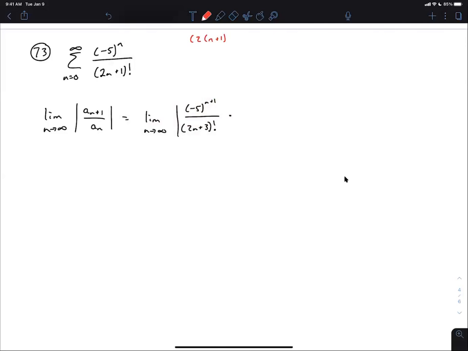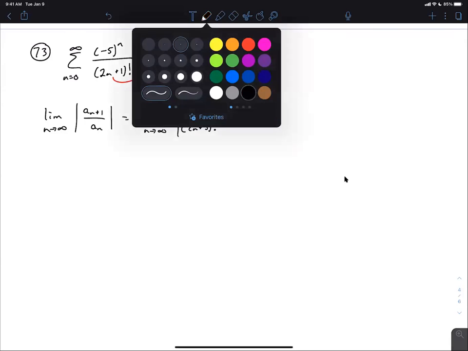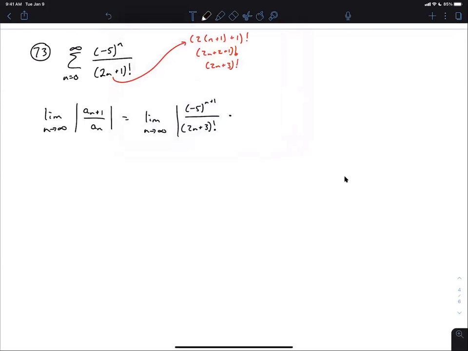So it's 2 times the quantity n plus 1 factorial. So that part is becoming that. And so then that's 2n plus 2 plus 1 factorial, which is 2n plus 3 factorial. So that's where I'm getting that. And then divided by AN means 2n plus 1 factorial over -5 to the n.